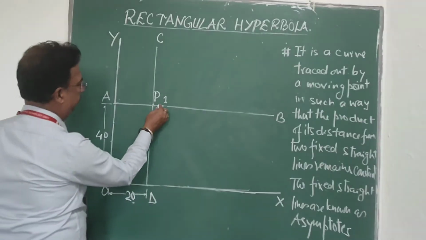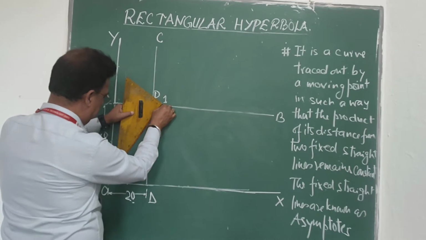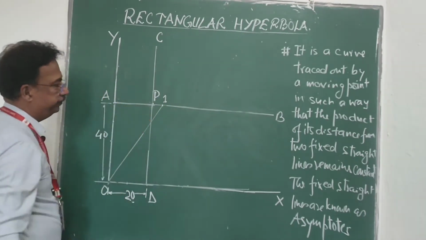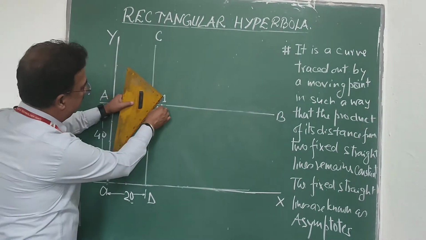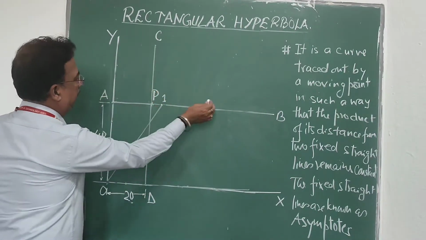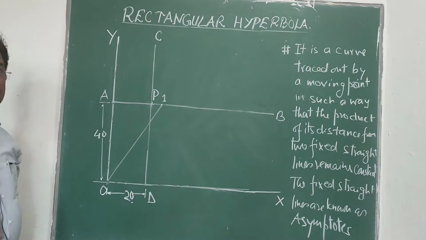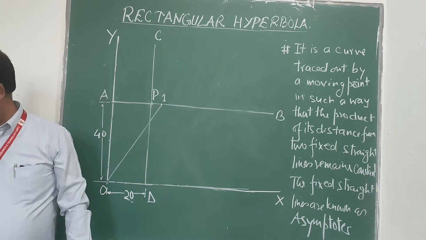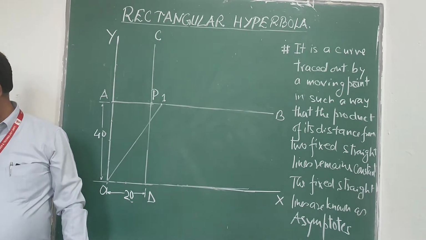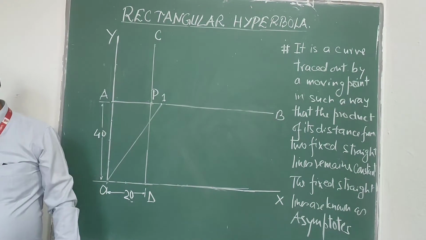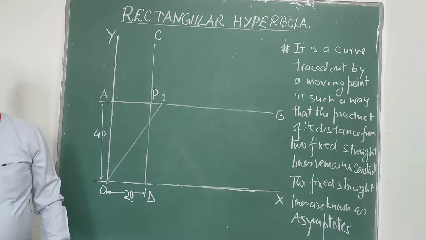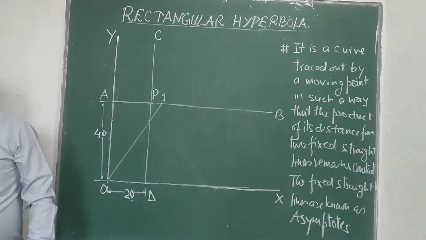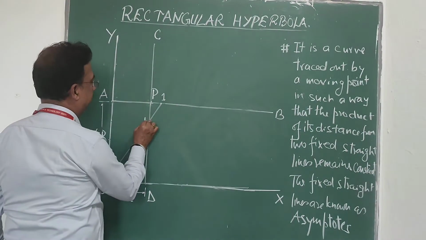So 5 mm from this I will mark a point 1 and join this point 1 with this O. What I have done: on this line from P towards B I have marked a point 1, and then I have joined that point 1 with O, the intersection of the x axis and y axis. Where this line cuts the other line, suppose I denote it by the letter 1 dash.